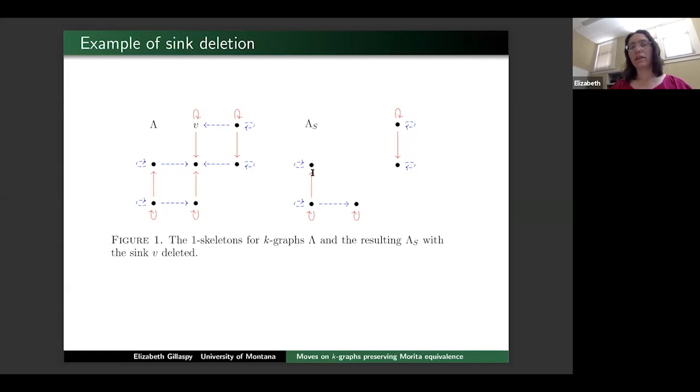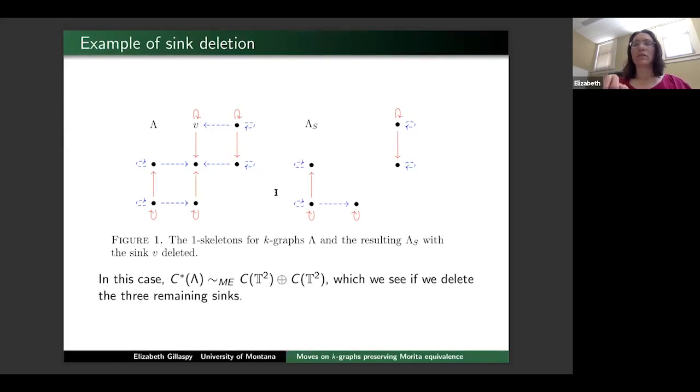And now these end vertices are all sinks. This one's a red sink, this one's a red sink, and that one's a blue sink. And so we can then delete those, and then we're left with just two singleton vertices, each with a red and a blue loop at each one.